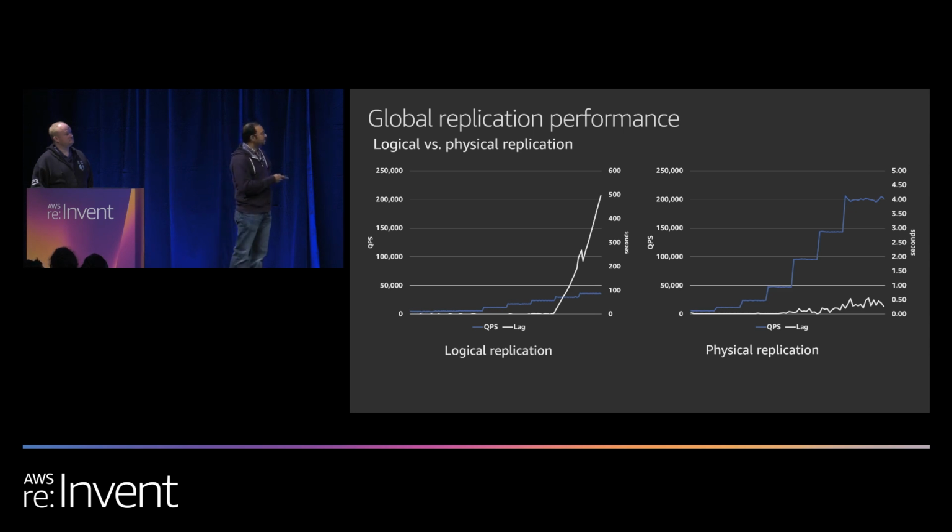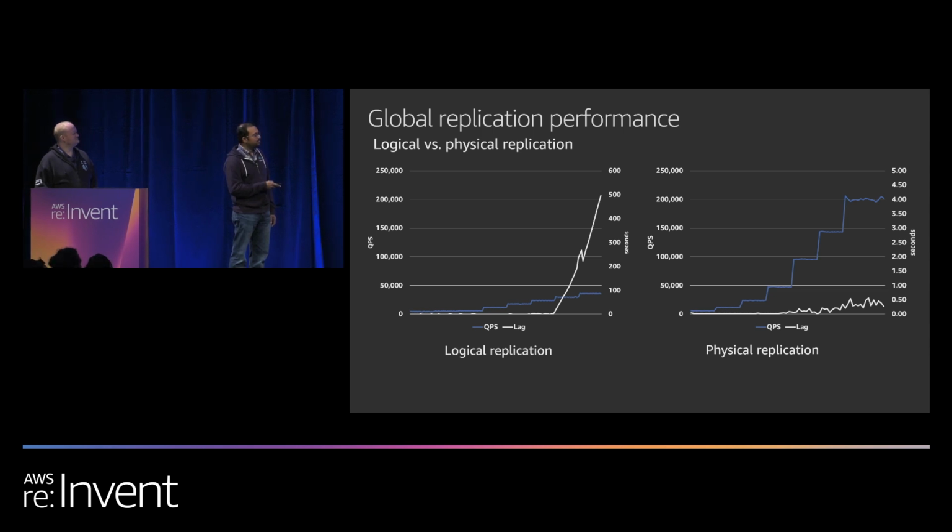In this particular case, you can see that this is the queries per second, and this is the lag. When we reach around 30,000 QPS, the lag starts building up. It's not able to keep up, because it has to logically pull the data from the database engine and replay it. And the writer is doing a lot more work. It is storing the data multiple times, the physical data and the logical data, and it is serving it.